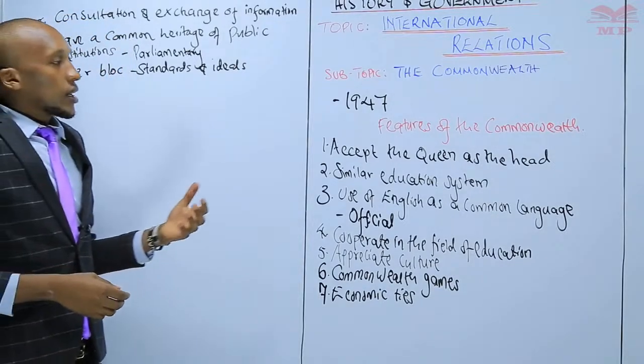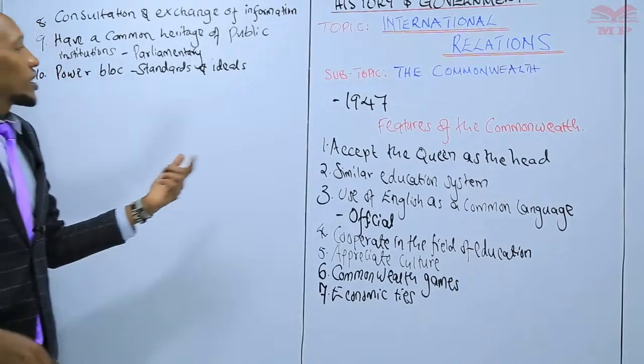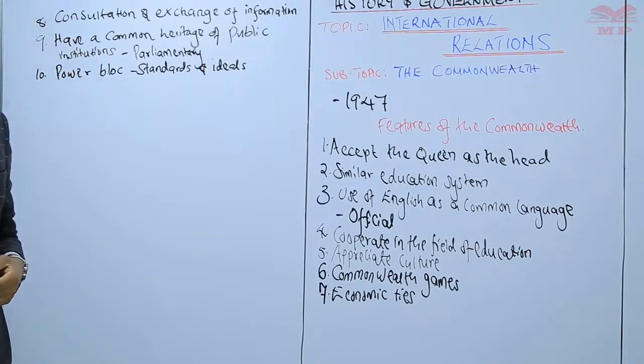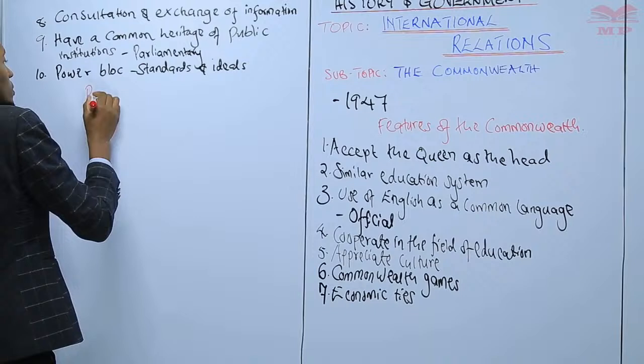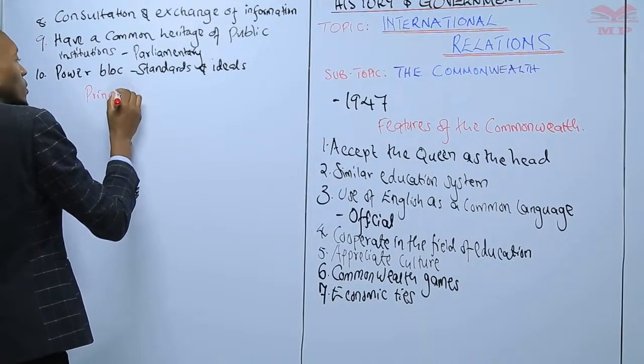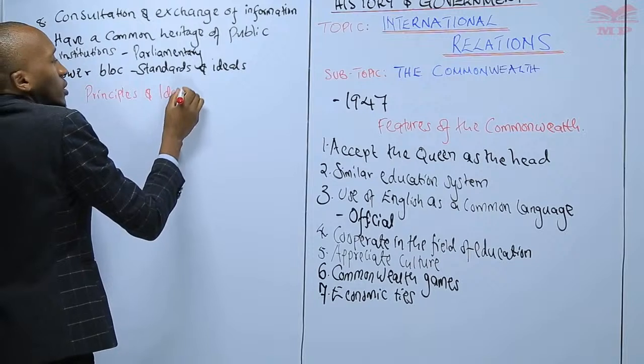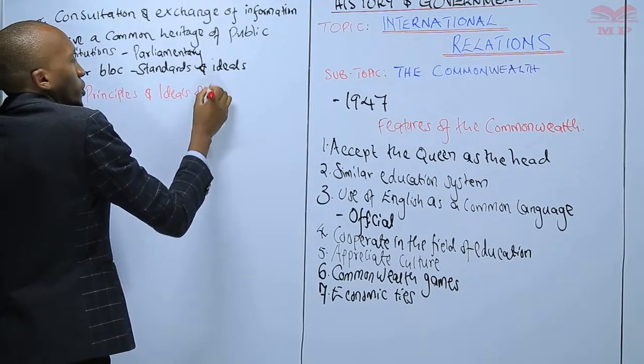So let us now look at what are these ideals, what are these standards that are held by the members of the Commonwealth. So the principles and ideals of Commonwealth.